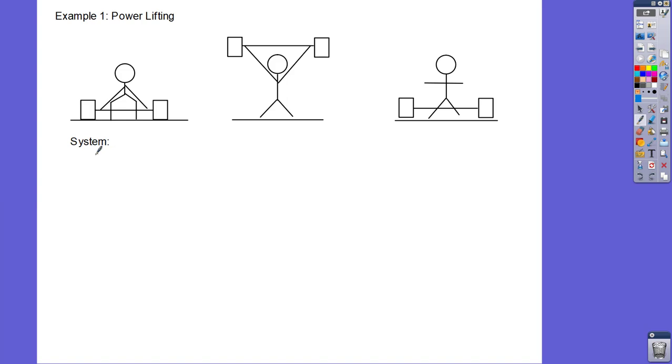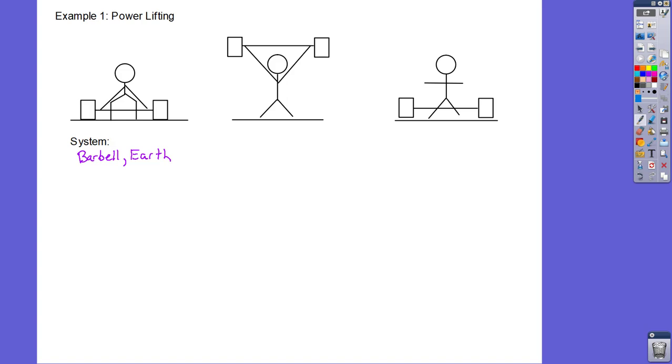So the system is the barbell, and we're going to have the Earth. And the next question, of course, is should I include the person in the system?